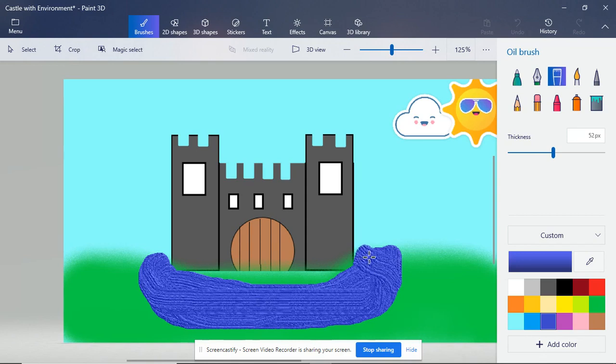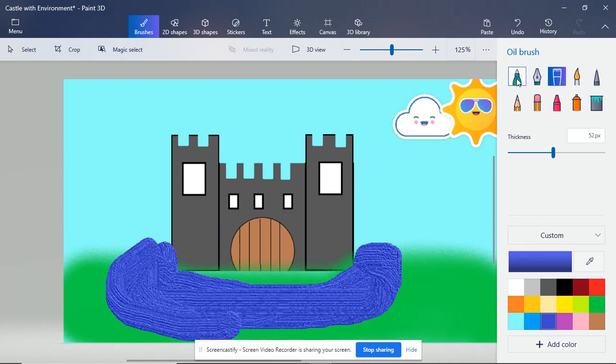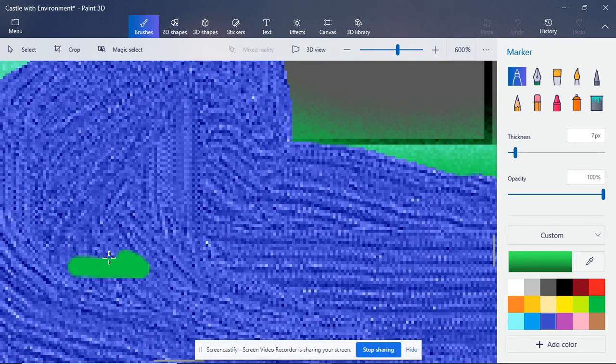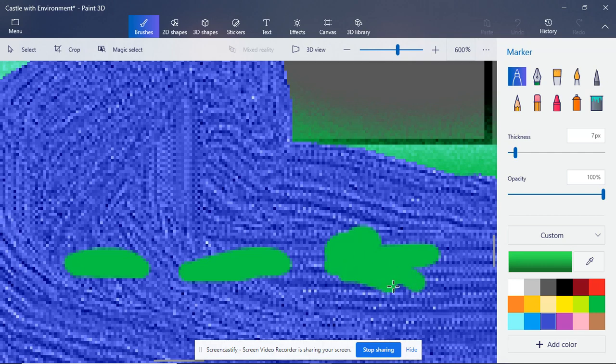And I'm going to add a little more water over here, just to really ward off invaders, people or bacteria, whatever they're going to be.